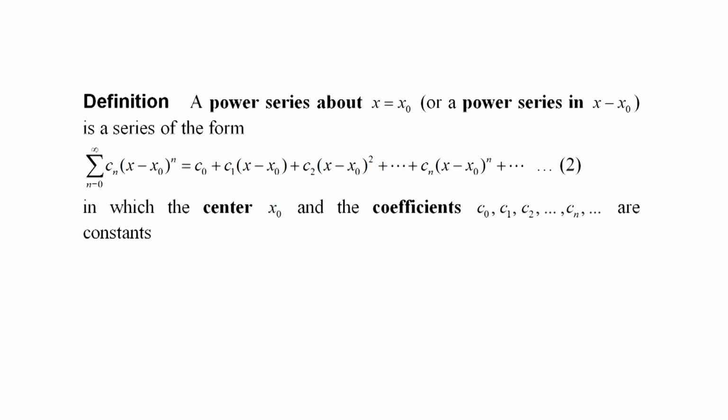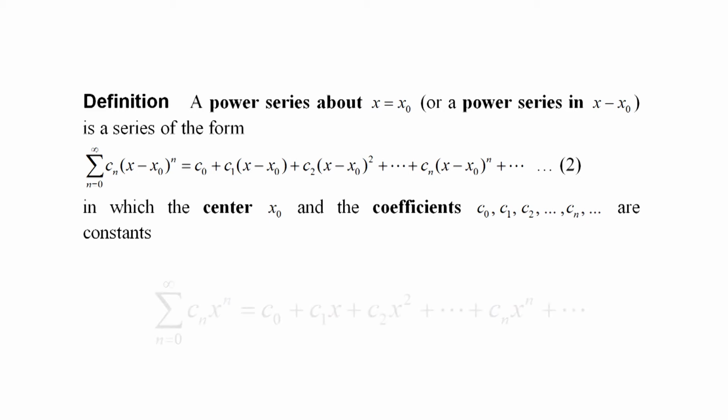Definition: a power series about x equal to x naught, or a power series in x minus x naught, is a series of the form summation C_n (x minus x naught) whole power n where n from 0 to infinity, which is equal to C naught plus C1 into (x minus x naught) plus C2 into (x minus x naught) whole square plus etc. plus C_n into (x minus x naught) whole power n plus etc. Equation number 2, in which the center x naught and the coefficients C naught, C1, C2 etc., C_n etc. are constants.